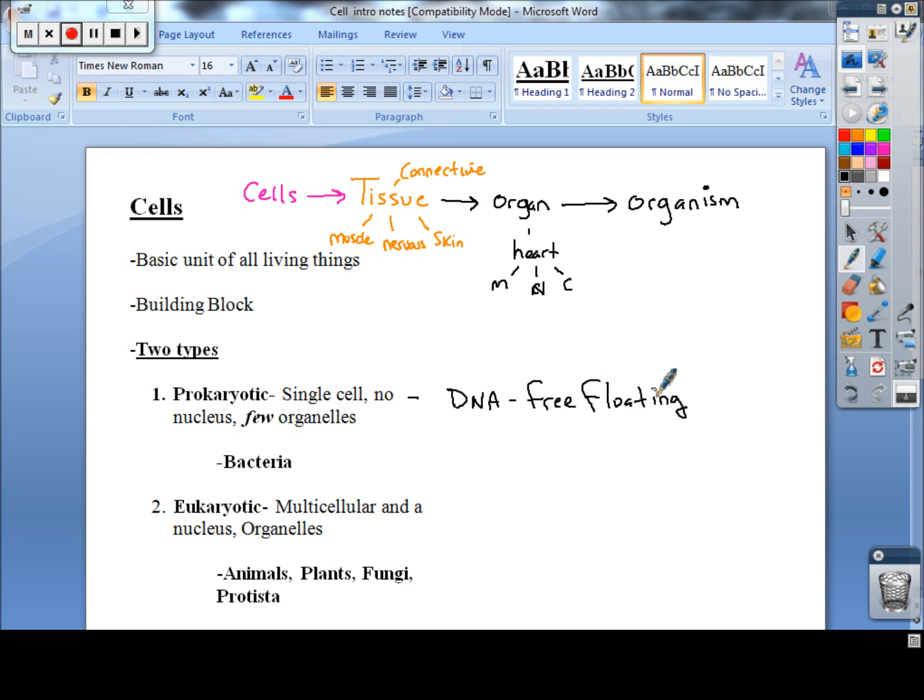Okay, and very few organelles. They have ribosomes, a few others, but really cell membrane, ribosomes, DNA. That's all they are. Single-celled, very small, and also these are smaller compared to the eukaryotic.